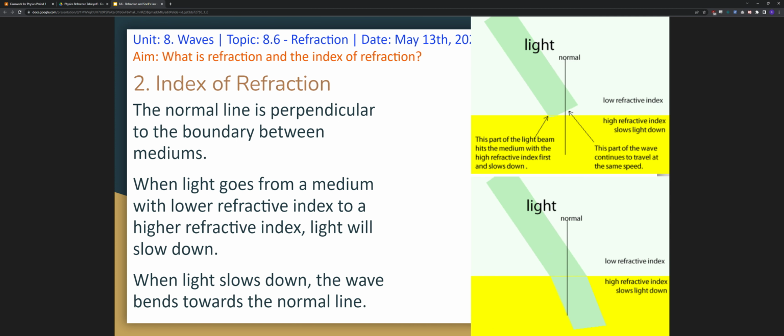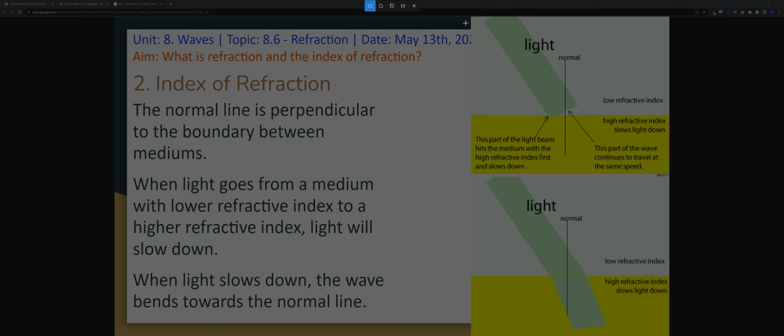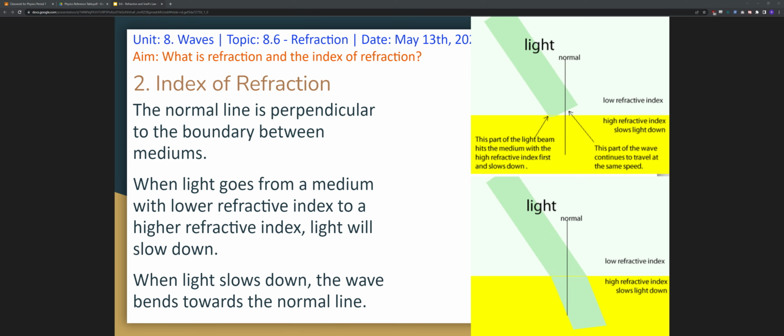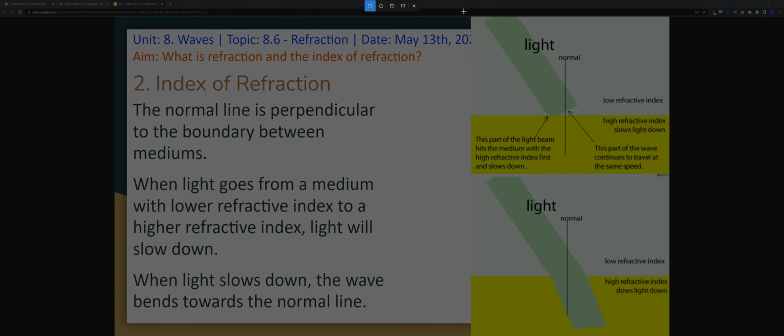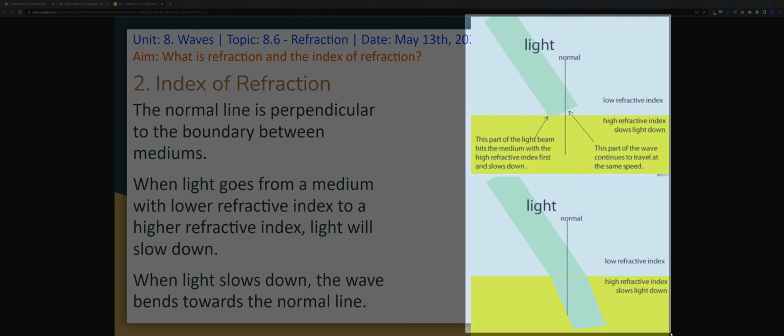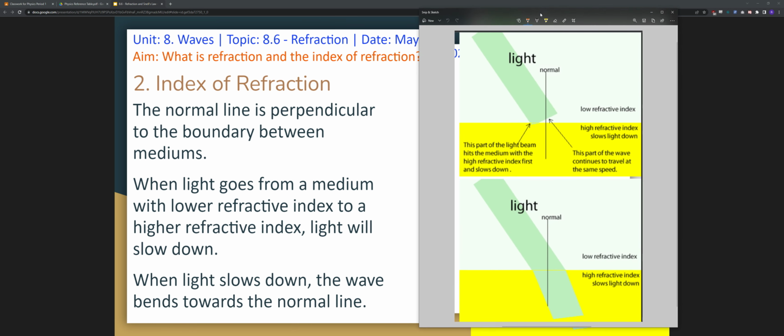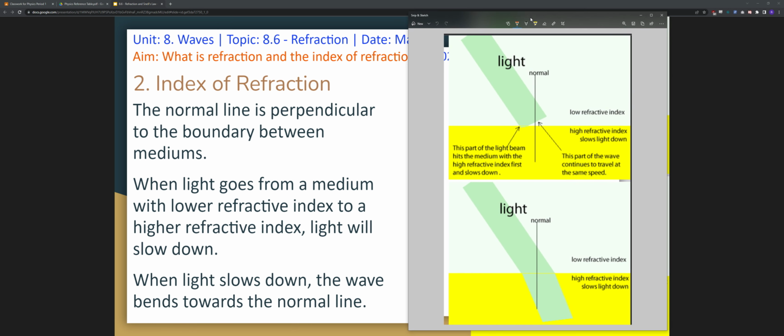So let's move on. Here, I want you guys to hone in on a singular point. If you're going from something with a lower refractive index, so air has a refractive index of 1, and let's say this is water.